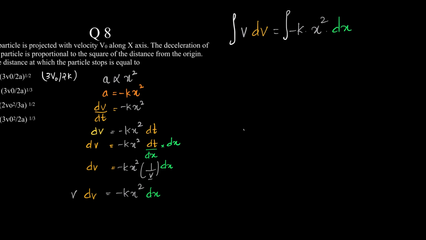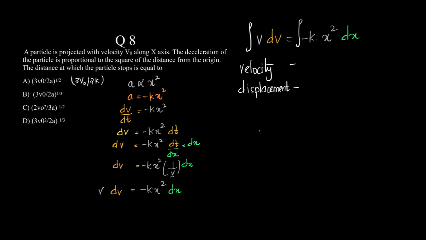But while integrating, we need to know the limits. So we need to know the limits of velocity as well as the displacement. See, it is given that a particle is projected with velocity v0, right? The deceleration of the particle is proportional to the square of the distance.